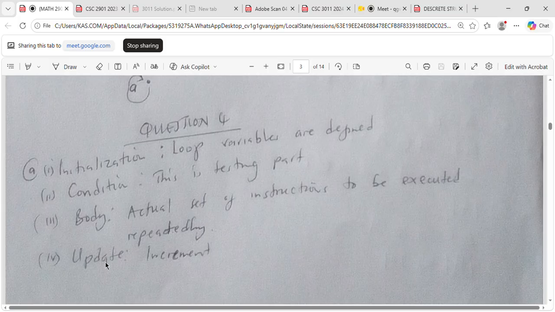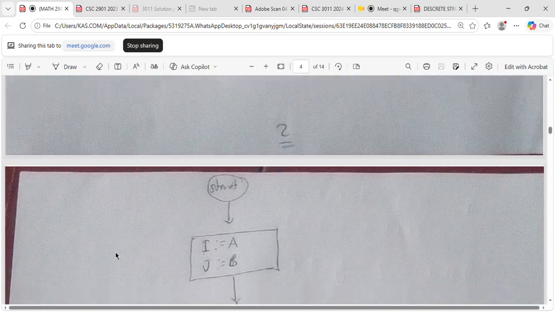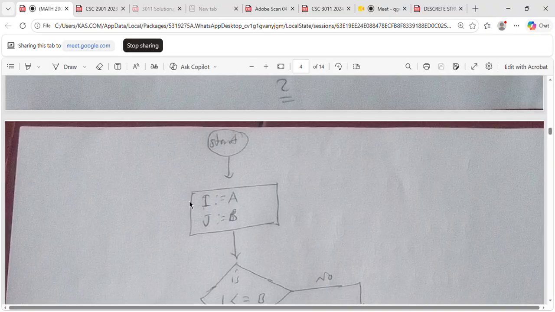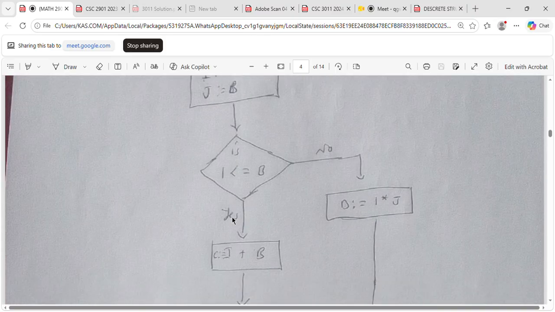The other question is to illustrate in a flowchart. So this is what we are talking about. We have initialization of variables. So i is equal to some value, j is equal to some value. Then you can come up with your own.